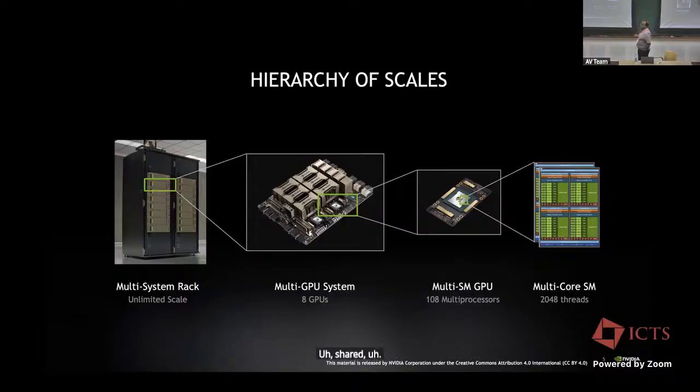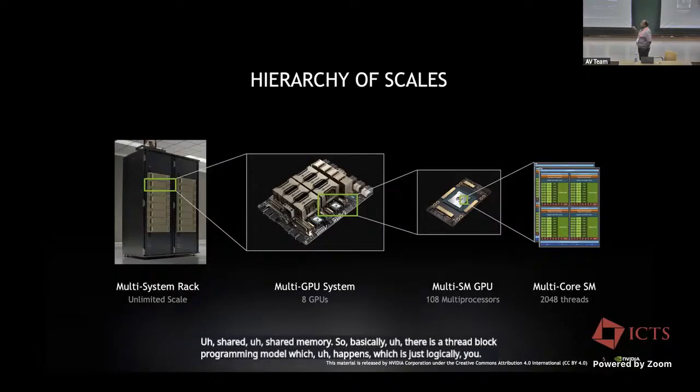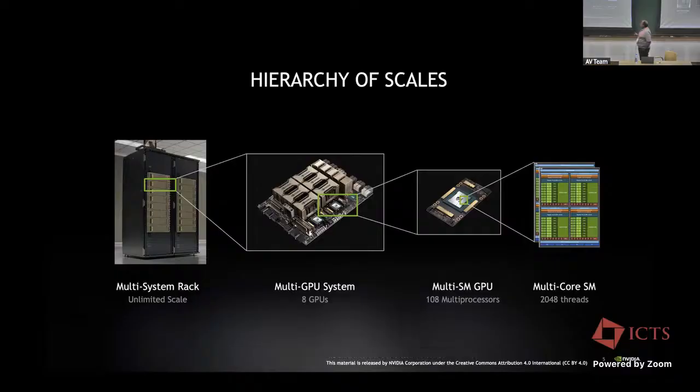So basically, there is a thread block programming model, which is just logically putting blocks onto SMs so that they can share the memory. So multiple SMs make one GPU.